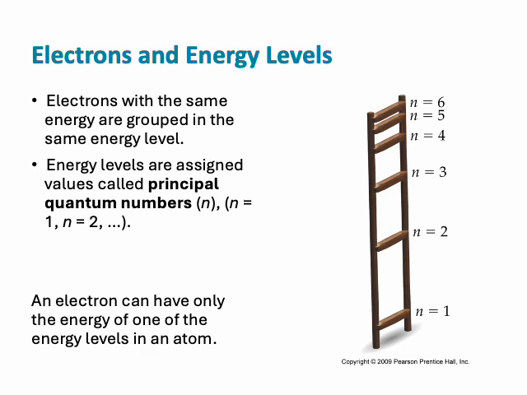You cannot find the person's feet hanging anywhere in between these two steps, right? So something can only be found at step 1, 2, 3, 4, 5, 6, whatever. That is exactly what energy levels are. You can only find electrons in quantum number 1, 2, 3, 4, but you can never find the electrons in between these quantum numbers.